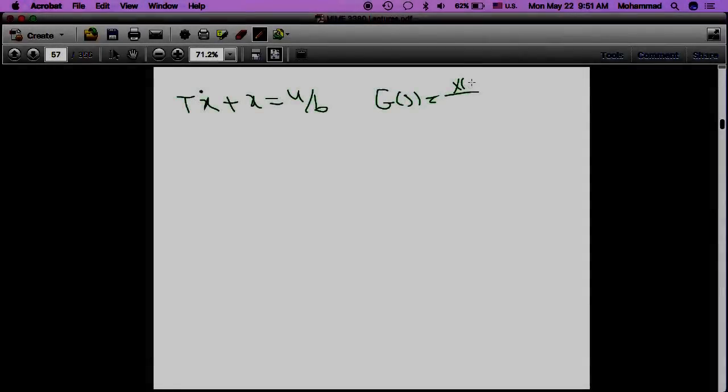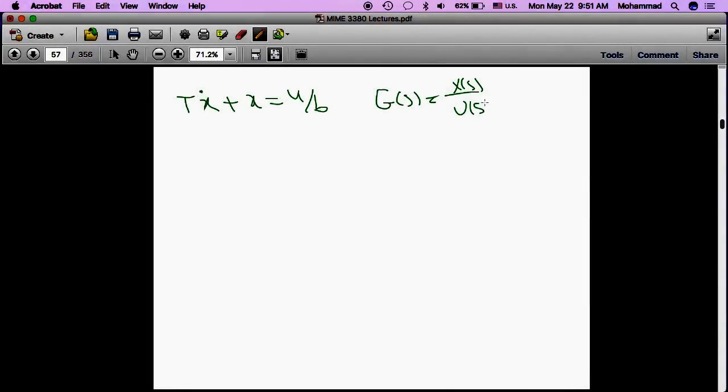The benefit of this standard form was that T was what? The time constant. So if the coefficient of x was 1, then T was going to be the time constant. So take 30 seconds and find the transfer function for this differential equation. Essentially, I'm asking you to find G of s, which is output X of s over U of s. So what is that?